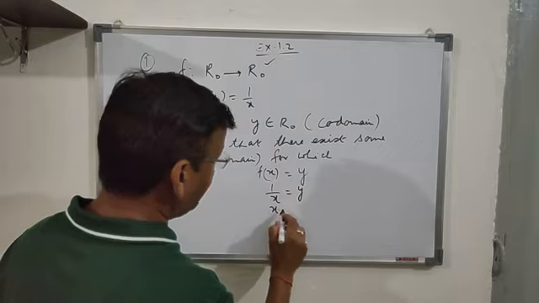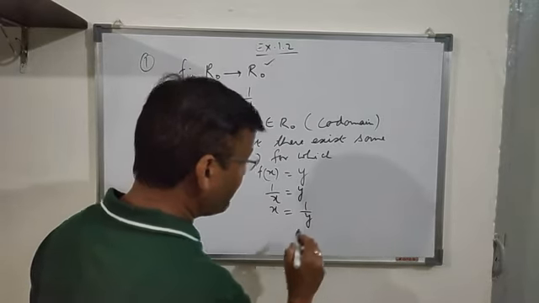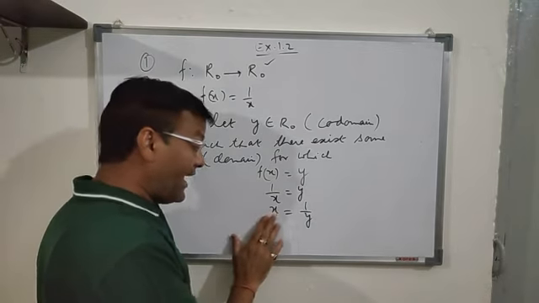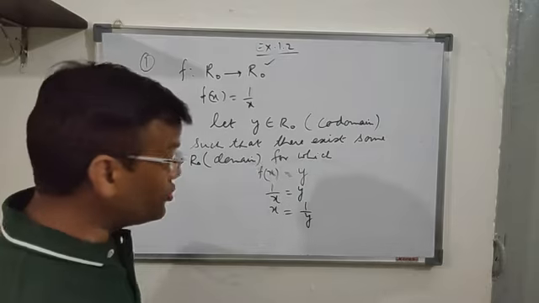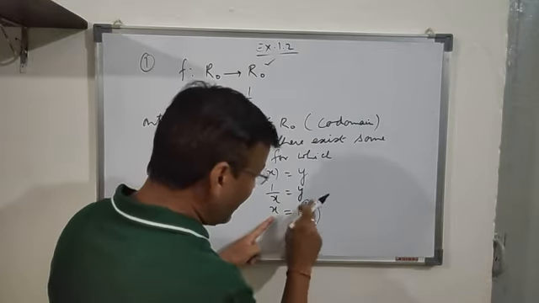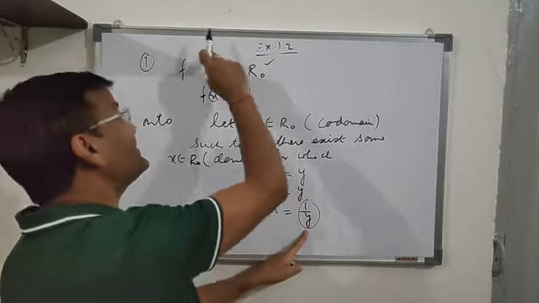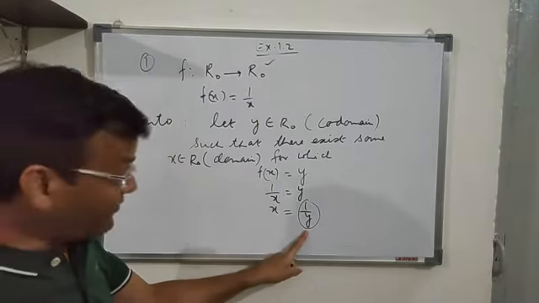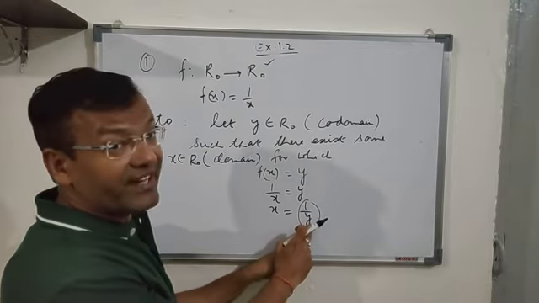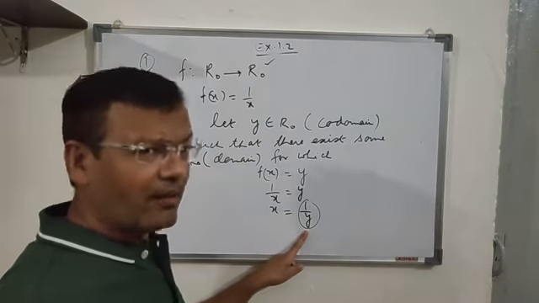That means we have to write x in terms of y now. y has to be taken into the denominator. It is x equals 1 by y. Now after writing x in terms of y, what you have to show is whether this element, x equals 1 upon y, lies in the domain or not. Definitely it does, because y belongs to the set of real numbers which is not 0. So 1 upon y will also be not 0, and it will be some real number.